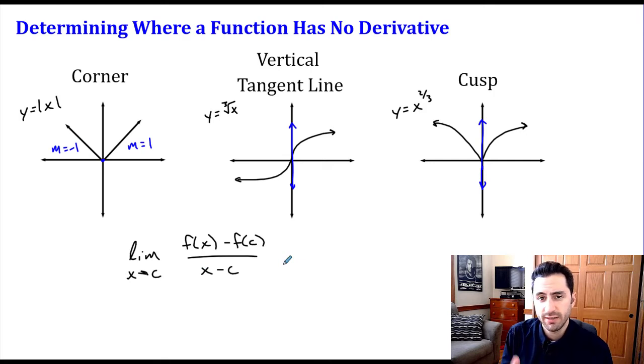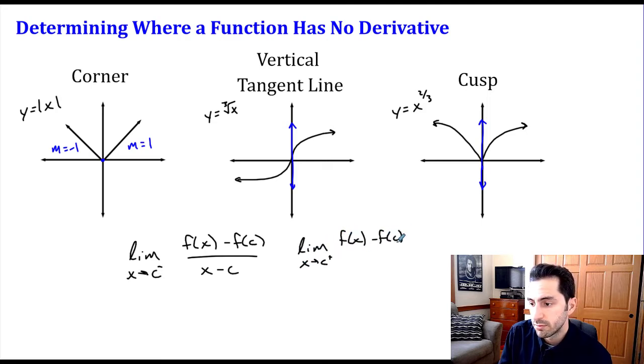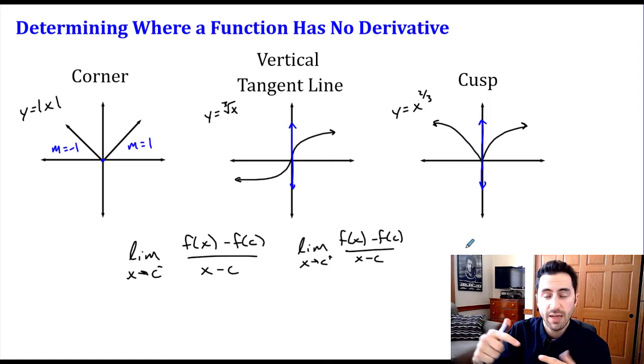Well, I can't just look at the limit overall. I need to take a look at the one-sided limits. So we need to take a look at the limit as we approach c from the left, and we also need to take a look at the limit as we approach c from the right. If we look at these one-sided limits and they approach the same value, then the derivative exists.